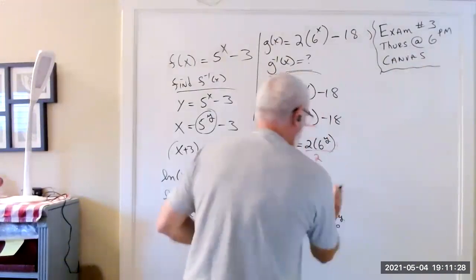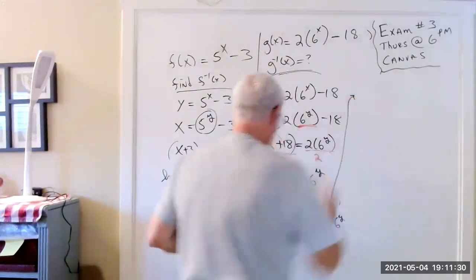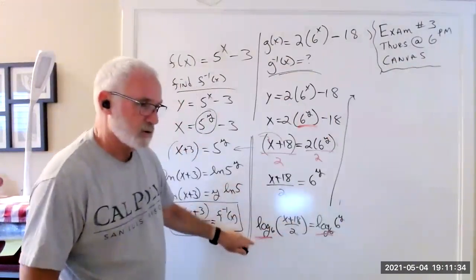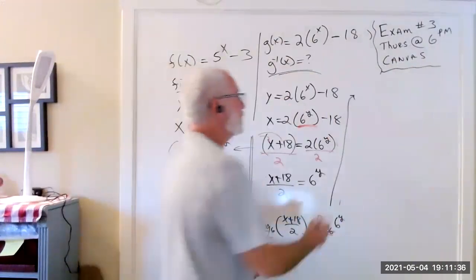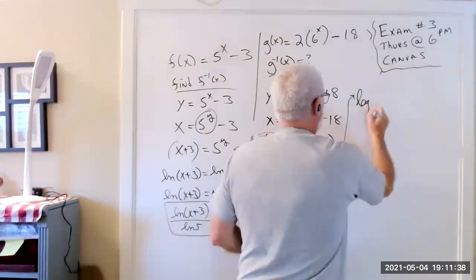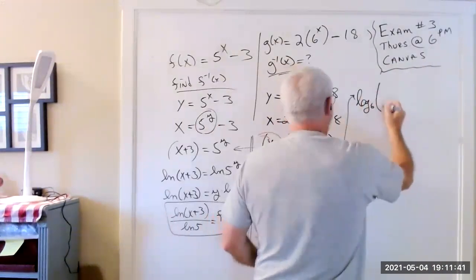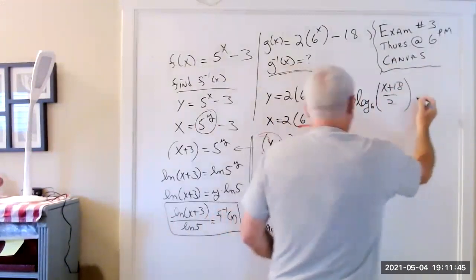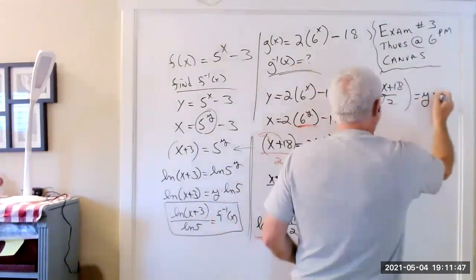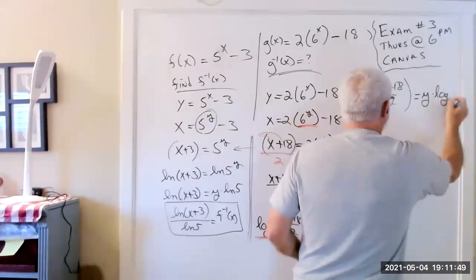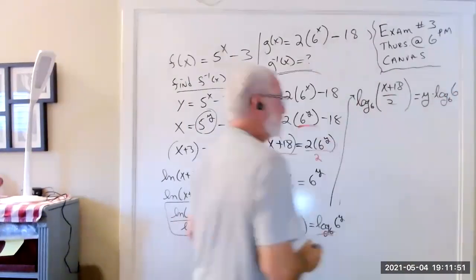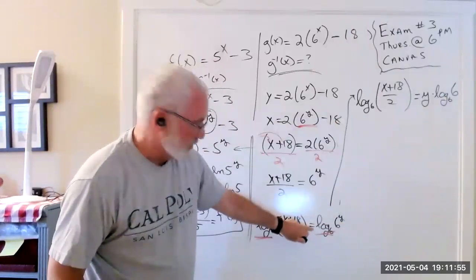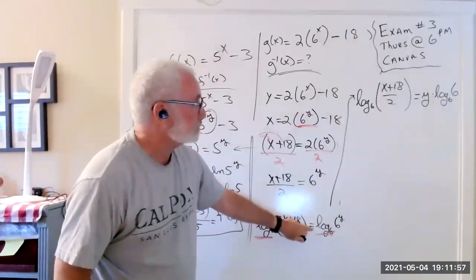So right here, I took the log base 6 of both sides. That gives me log base 6 of x plus 18 over 2 equals y times log base 6 of 6, because you're allowed to bring the power down once it's a logarithm.